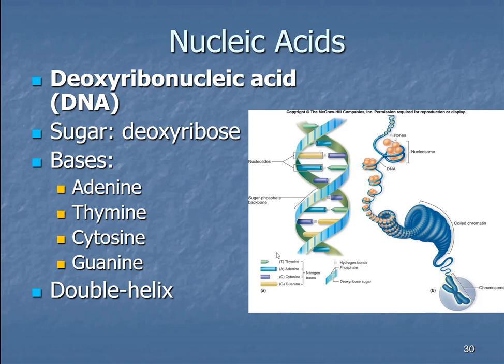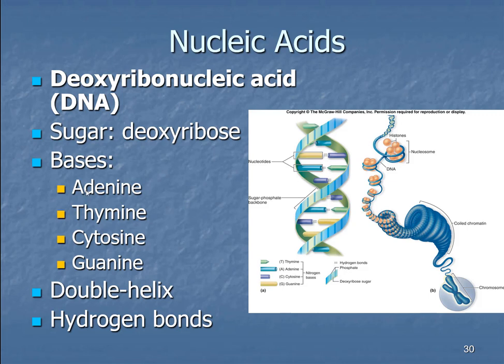DNA itself has 2 strands. These 2 strands are basically nucleic acids made up of the nucleotides we just talked about, and they're held together by hydrogen bonds. Remember what we learned about hydrogen bonds: relatively weak, so they can actually come apart when necessary.